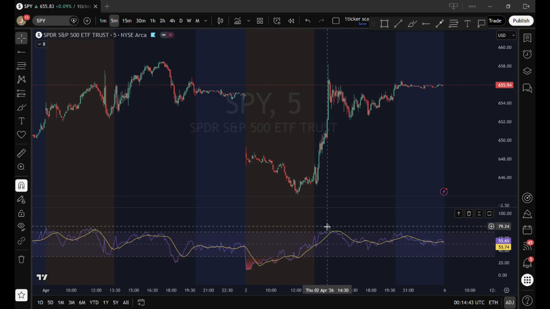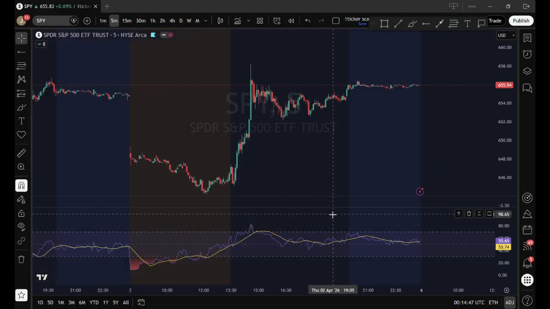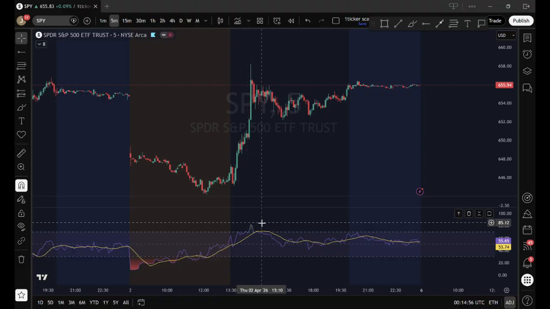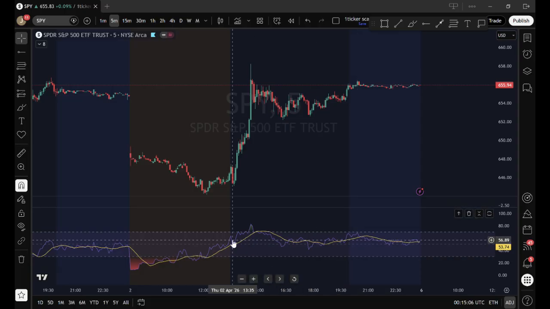Oh, we're overbought, I'm going to grab put options, even though when we're right here we came down. So if you bought a put option, you could have made money, but this is not the case. If you go just by this, you're going to lose so much money. But the main thing is understanding the RSI.